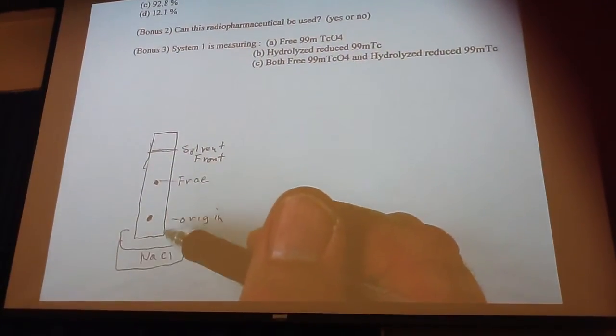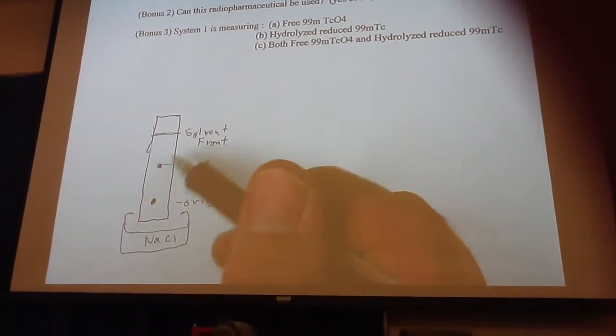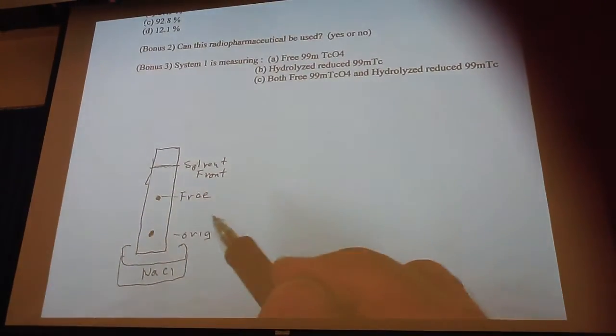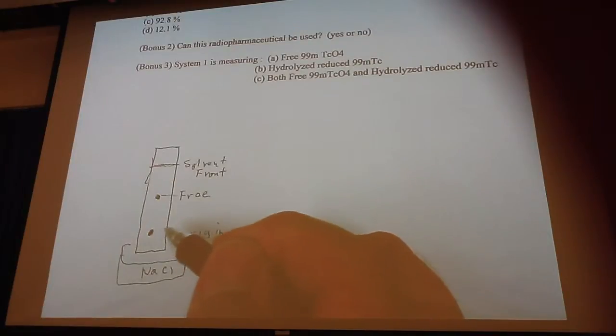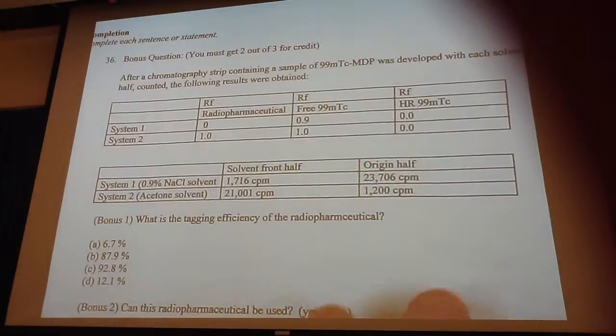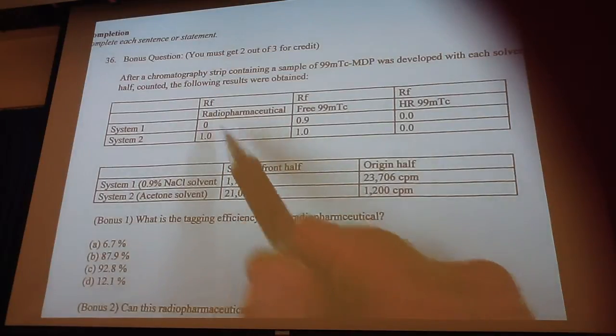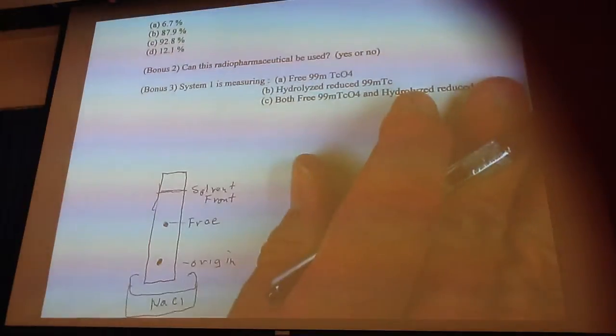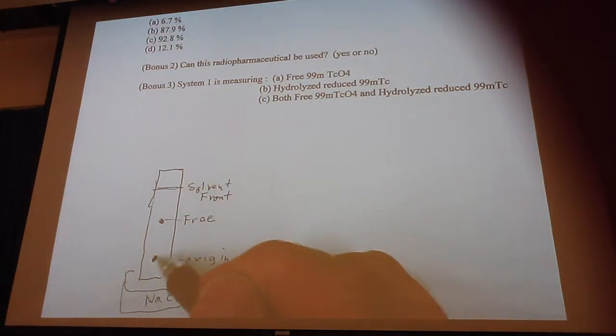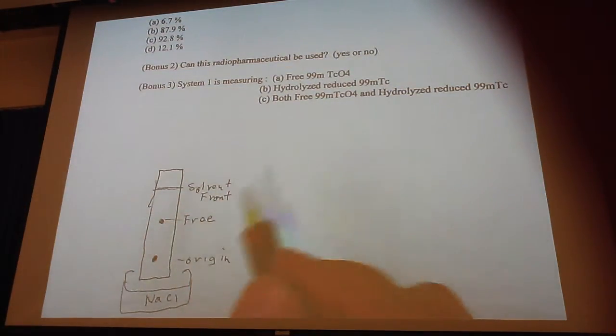But we also do it with just the technetium by itself, because we want to know where the technetium is going to go. So, for example, in system 1 over here, the distance that it travels from the origin to up here is the same.